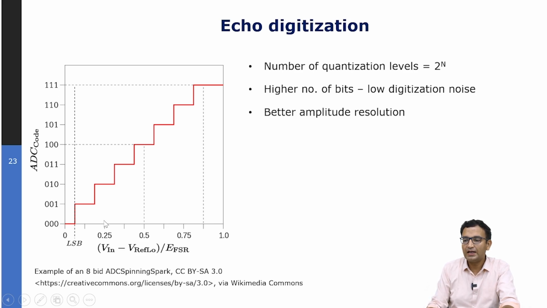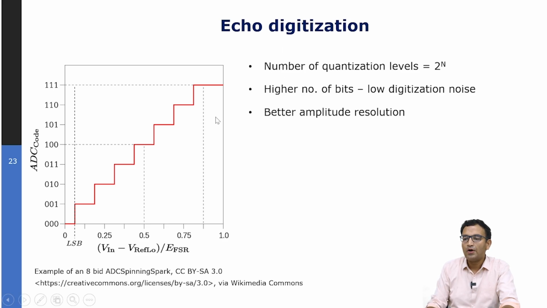So here, let's assume that you have a 3-bit analog to digital converter. 3 bits will give you 2 to the power 3, or 8 levels. So you can say 0 to 7 levels, right? And whatever signal you have, their amplitudes will be quantized in those levels. Now clearly 8 levels is not sufficient. Typically in ultrasound scanners, you have at least 12 bits or even higher number of bits for digitization.